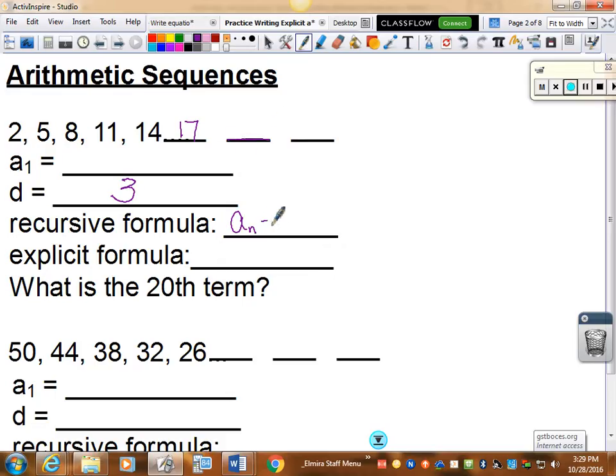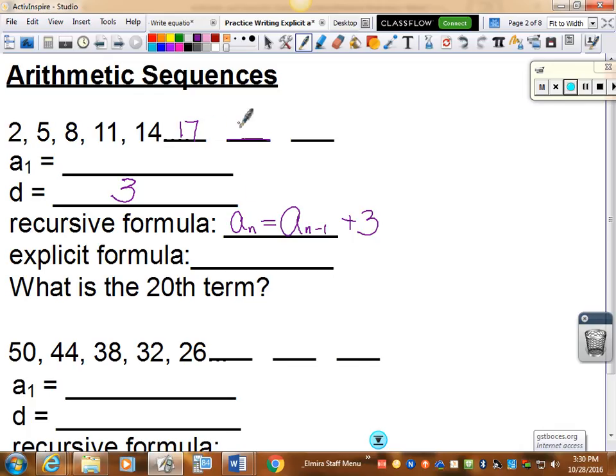And I would find A sub n by taking A sub n minus 1. Remember, that stands for the previous term, 17, and adding 3. So the next term would be equal to the previous term plus 3. This whole notation right here all means the previous term.